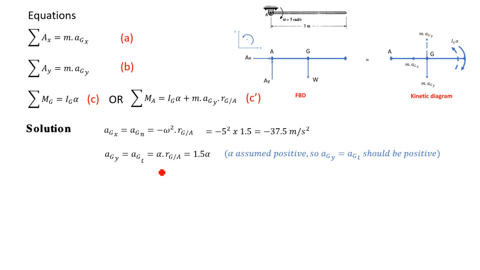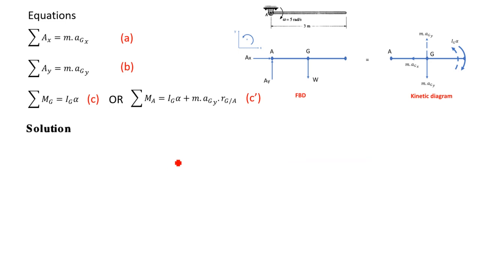So let's remove that. In the free body diagram and the kinetic diagram that we sketched earlier, the three equations we're going to have are: the sigma of the forces on the x-axis is equal to the mass multiplied by the acceleration at point G in the horizontal direction.